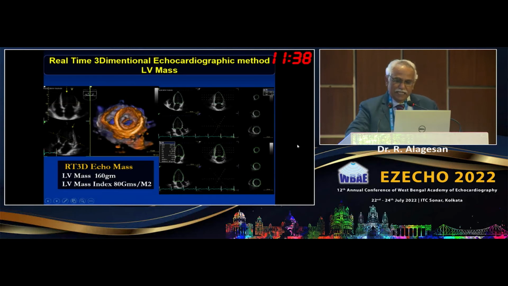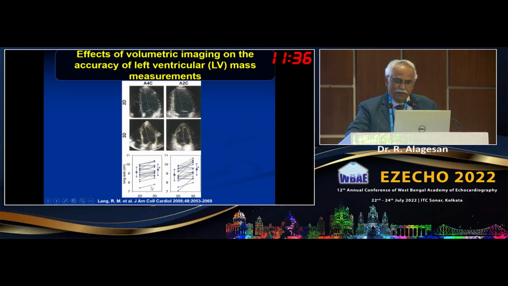Again, this data has been compared very well with the MRI data, and the correlation is excellent because the left ventricular apex is included. The data set again doesn't use any mathematical formula. Because of that, the three-dimensional echocardiographic method of measuring the left ventricular mass is better than the one which is used.